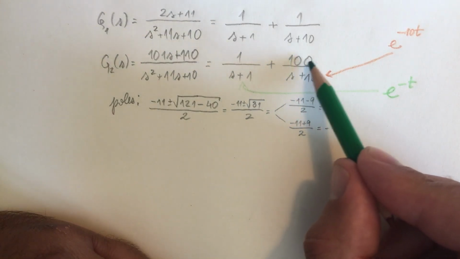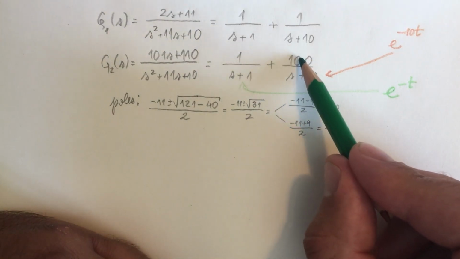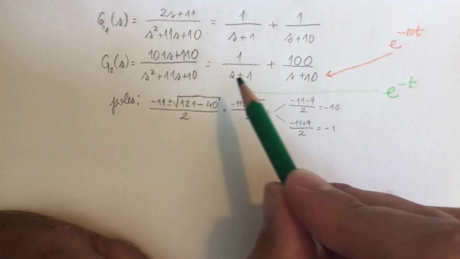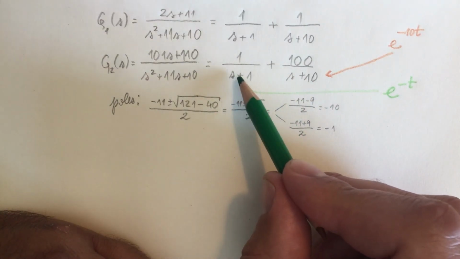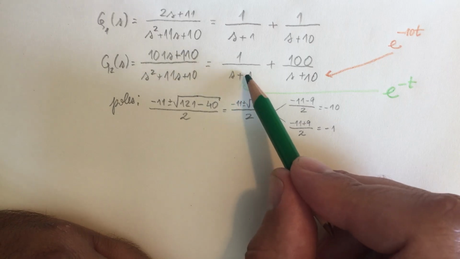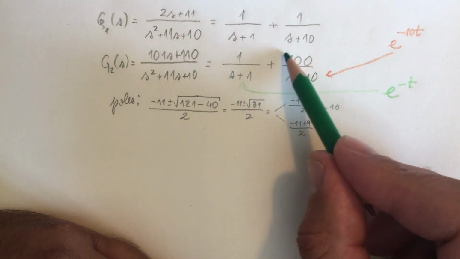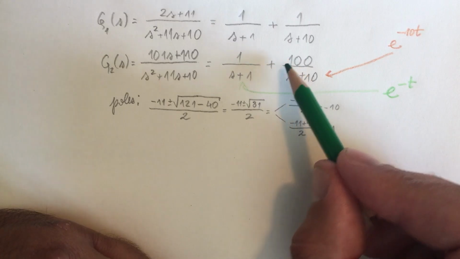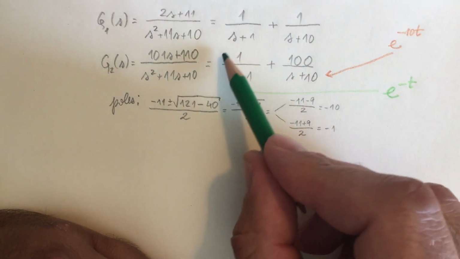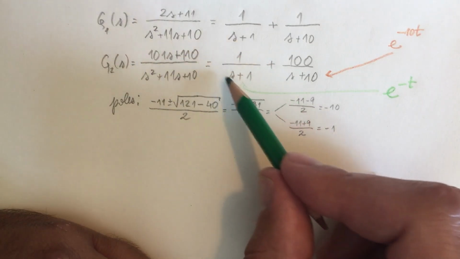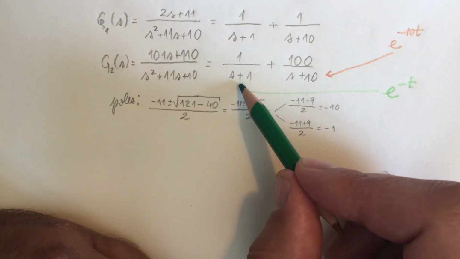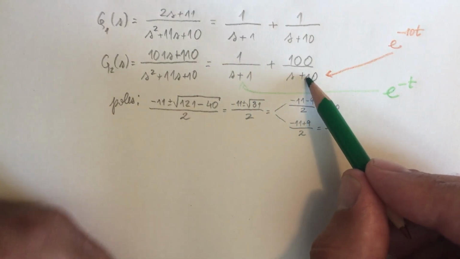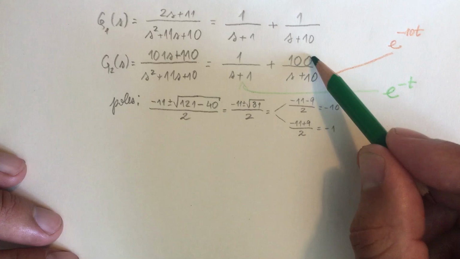In this case, the numerator is clearly larger on top of the fastest pole, while this pole, the one which is closer to the origin, is normally the dominant pole. Because this numerator is so large, our response will not be close to the response I would have if only this pole were present. This pole will not be dominant because the fastest pole, in this case, will be very important.